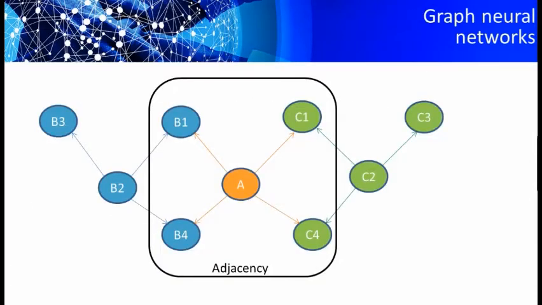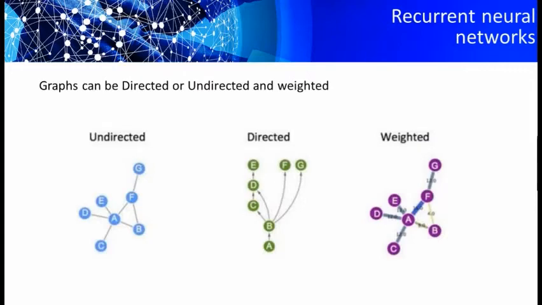In a graph neural network, there are many links with the nodes. So you can define many types of adjacency matrix in the graph neural network. So each node is linked in different ways, like that. A graph can be directed or undirected and weighted.